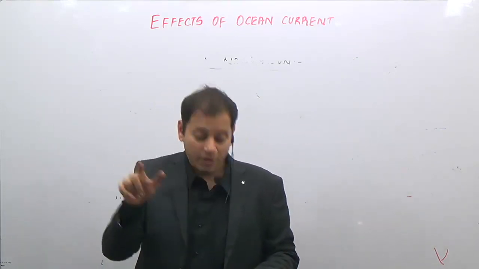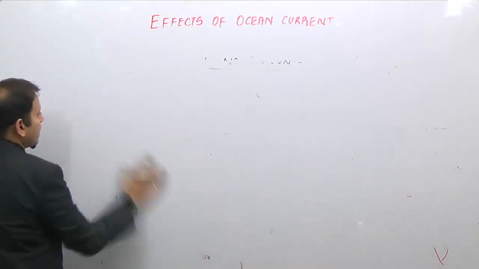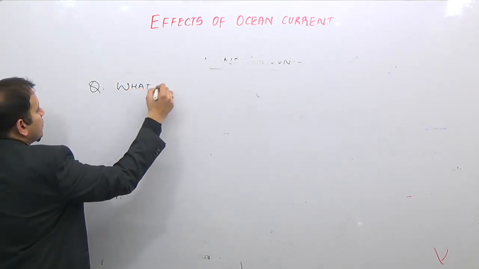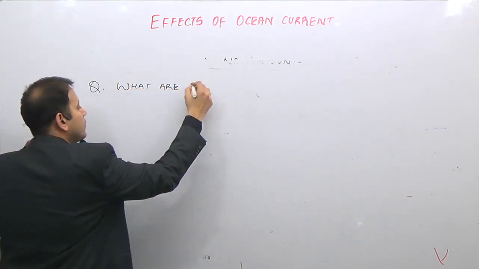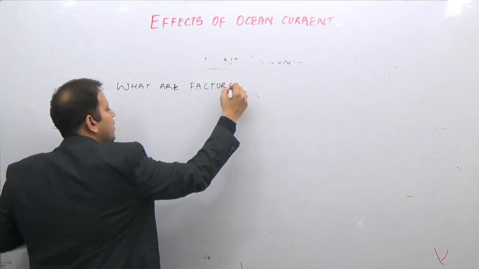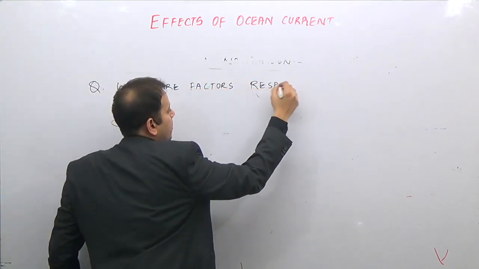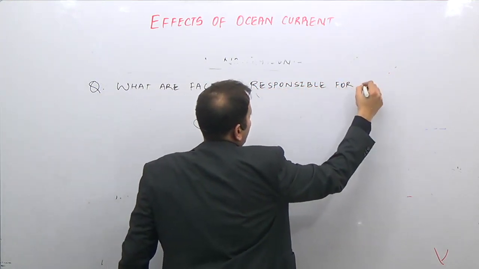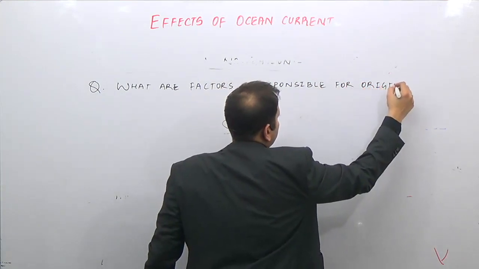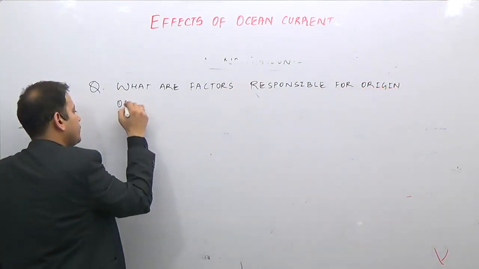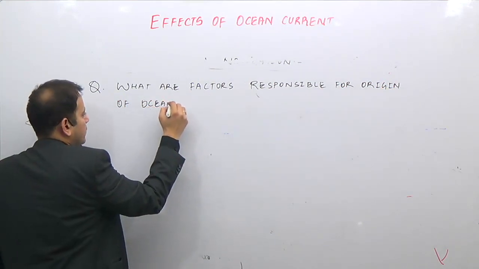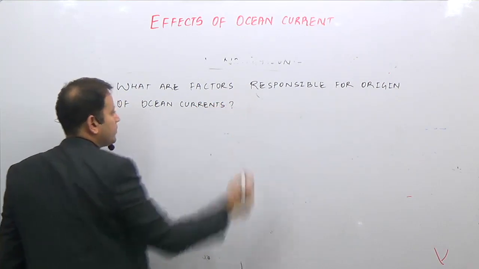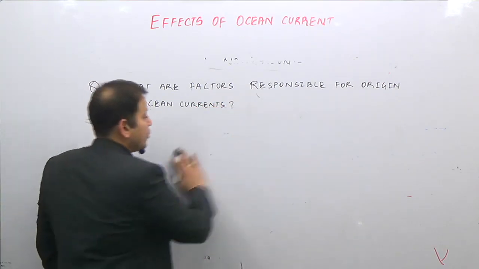I am giving you an important assignment. You can write down the assignment. What are the factors responsible for the origin of ocean currents, and what is the effect of the ocean currents?